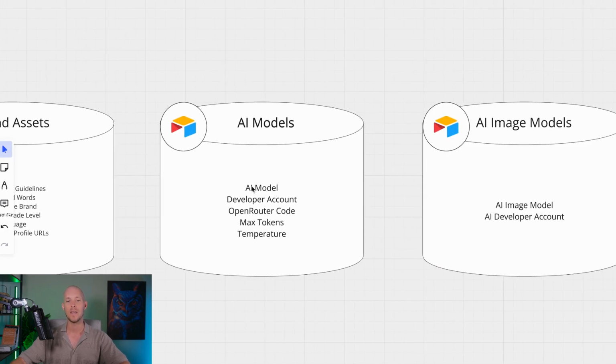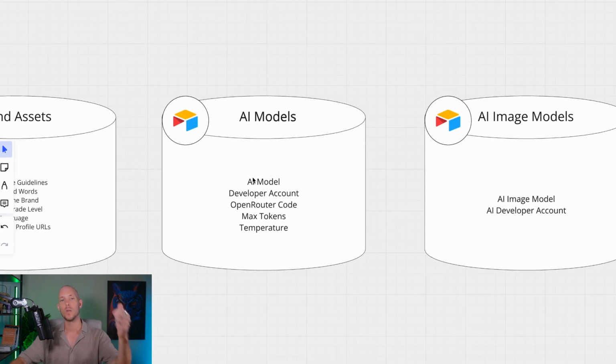The other things we have in here are like our AI models. So whether we're doing content automations, sales automations, or operational automations, we still need an AI model, right? We're using an AI aggregator like OpenRouter, so we can pull in any different model that we want at any stage, because you might want to use a Claude in one part of the process, you might want to use ChatGPT o1 in another part of the process, and you might want to use Perplexity in another part of the process.